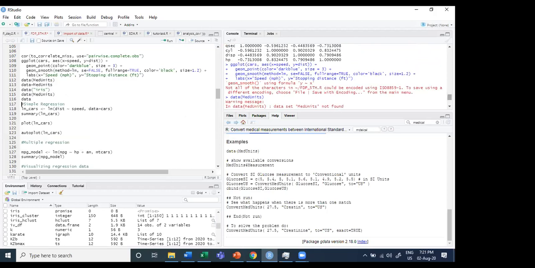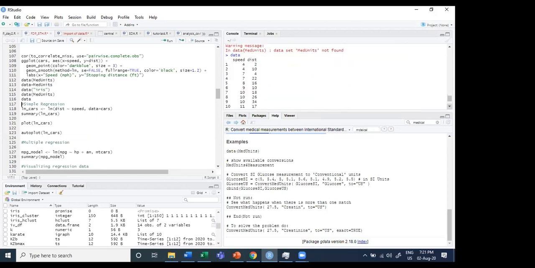You will find this data has speed and distance in front of you. So something else has come. Sorry to say that this data has not come. Let me take the data unit from here. Data has not been found. So no data is there of this nature.